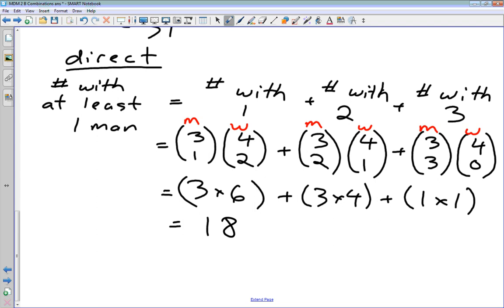So our total number is 18 plus 12 plus 1, which gets us 31, just like the other method. So usually the indirect method requires a little bit less calculation, but you can also do it using the direct method.